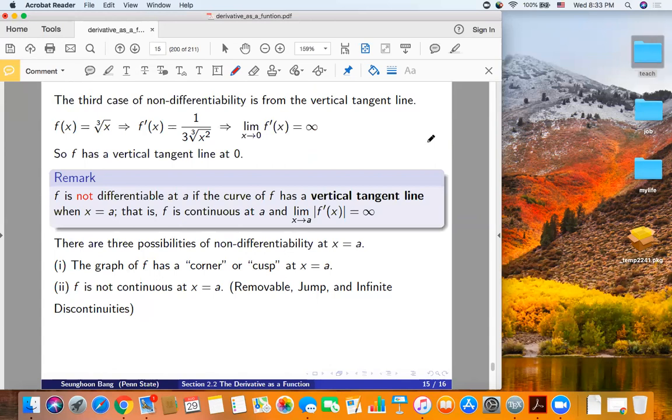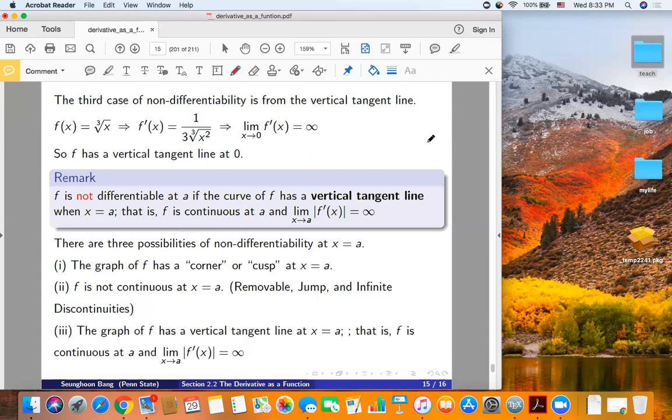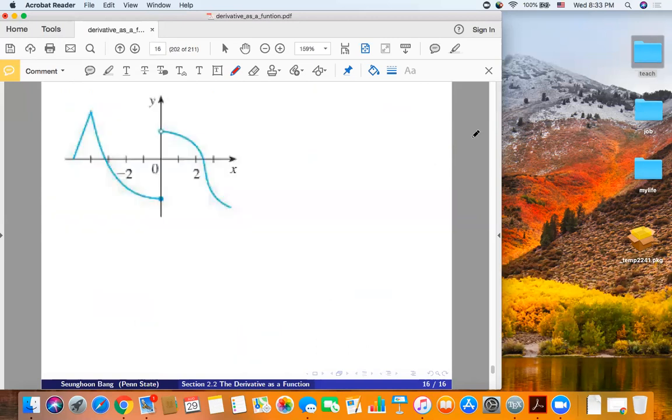In this case, not differentiable. Third, the graph of f has a vertical tangent line. Function f is not differentiable. We have 3 kinds of things. I can give examples here.